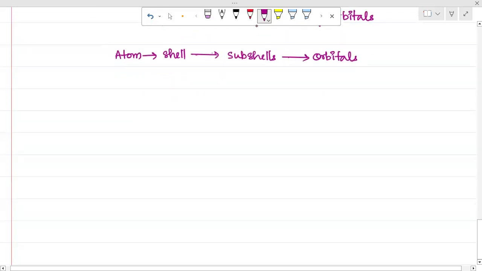Okay, let's start again. So let's say that my value of L is equal to 0. What are my possible M or ML values? Minus L to plus L, so I can have only 0, which means there is only one orbital corresponding to S subshell. I'll represent it like this.